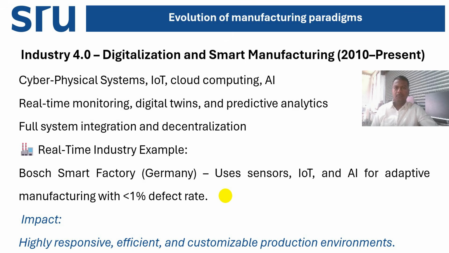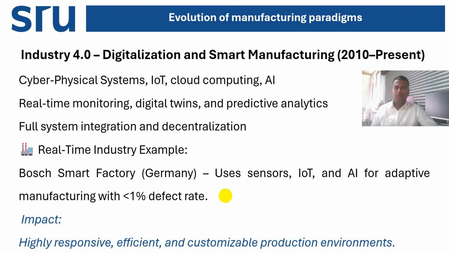A company called Bosch in Germany started to adopt these technologies very quickly. They adopted the various sensors required for the machinery, IoT devices, and AI-enabled software and devices, which especially minimize the defect rate of the product.